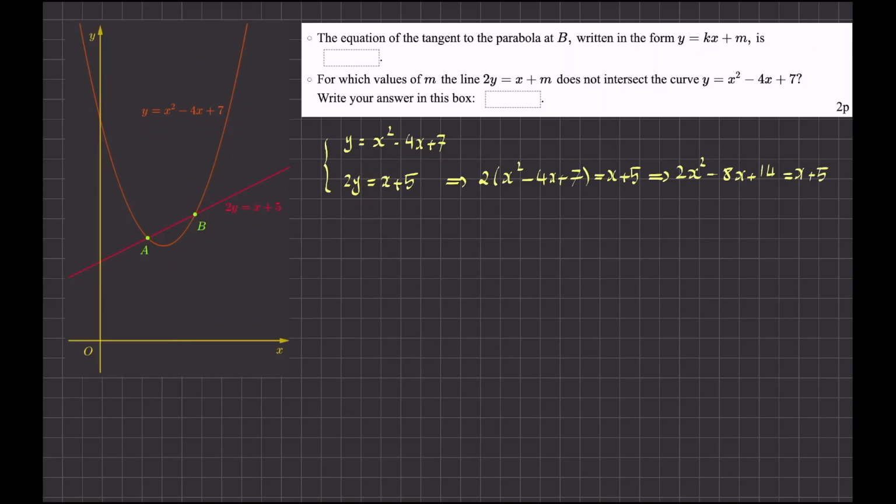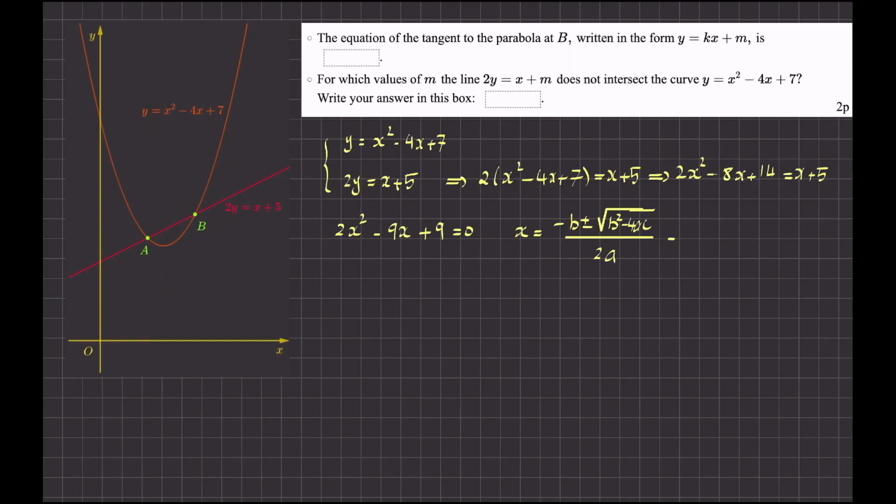I move everything to the left because that's a quadratic equation. So 2x² - 9x, and then 14 - 5 is simply positive 9, equals 0. I prefer to use the ABC formula here. So x becomes (-b ± √(b² - 4ac)) over 2a.